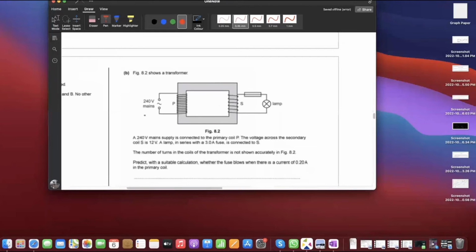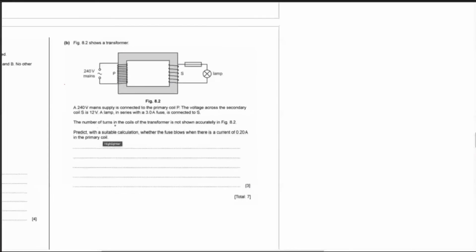Okay, now let's see here. The number of turns in the coil of the transformer is not shown accurately in figure 8.2. That means you don't go and count how many turns there are. It's not accurate. Predict with suitable calculations whether the fuse blows.